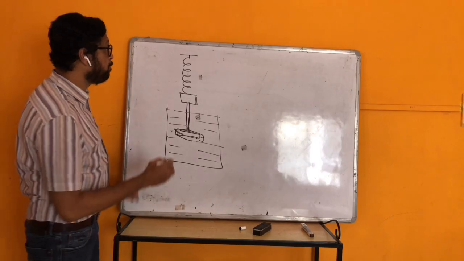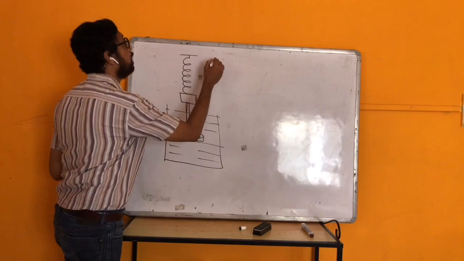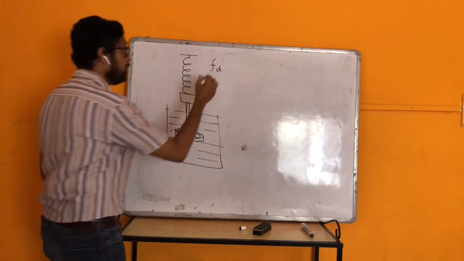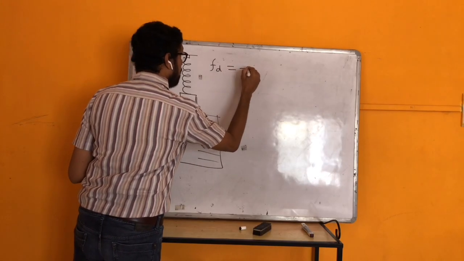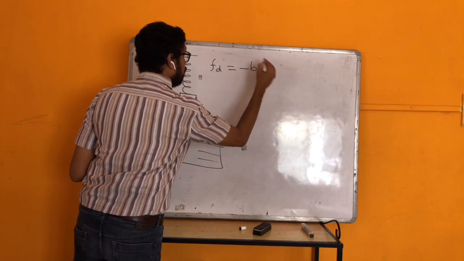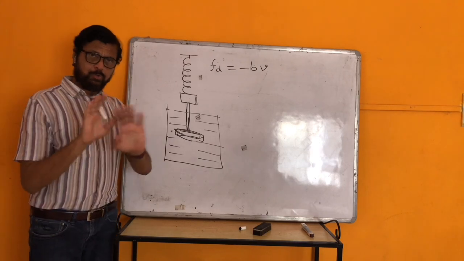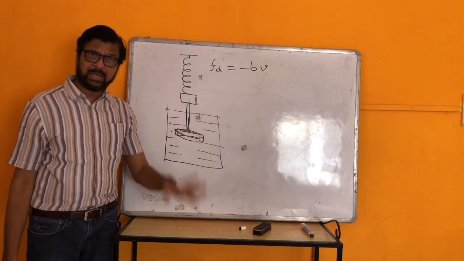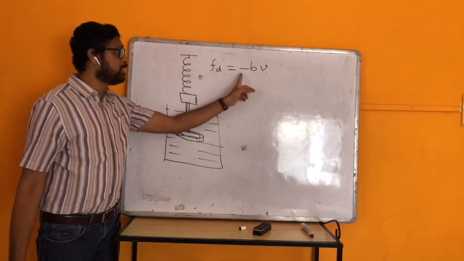Now this damping force, FD, damping force is equal to minus BV. No proof, no derivations, nothing. Directly we have to remember the formula. Damping force is how much?